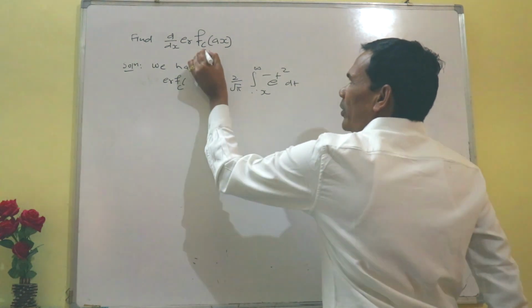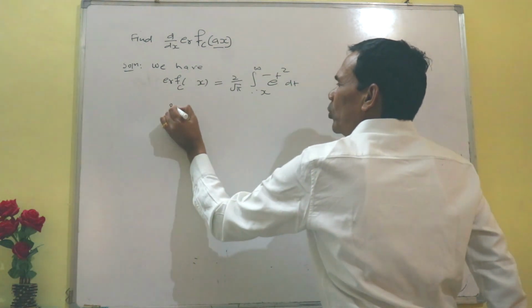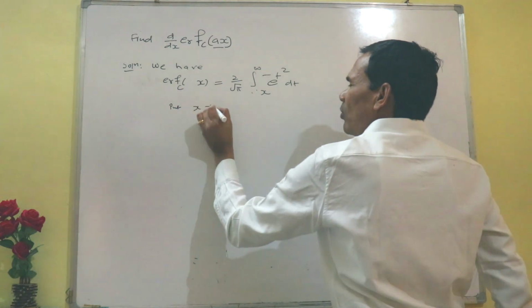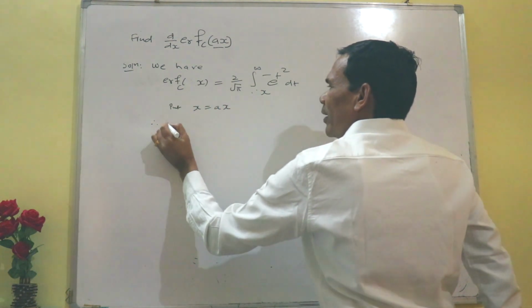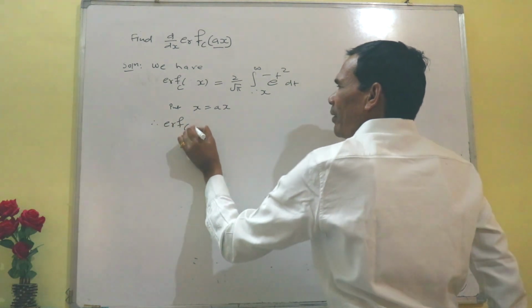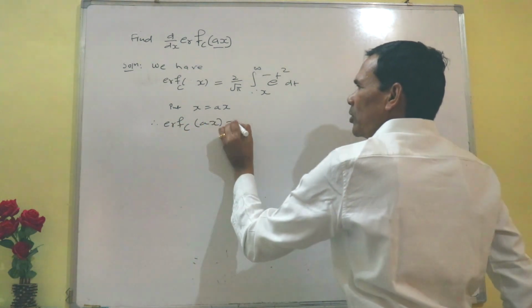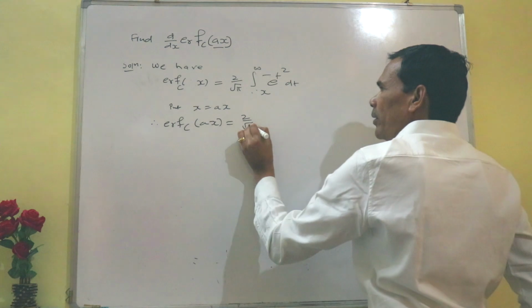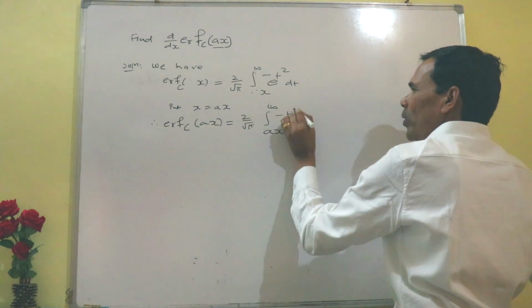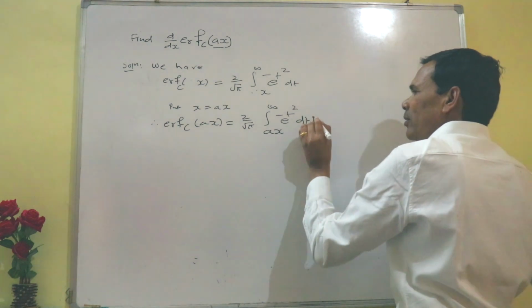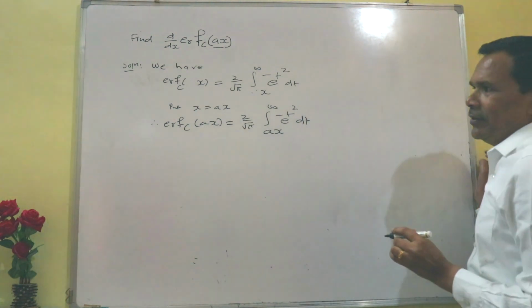So we need to find this, so put x equal to ax. Therefore complementary error function of ax is equal to 2 upon root pi, ax to infinity e raised to minus t square dt.